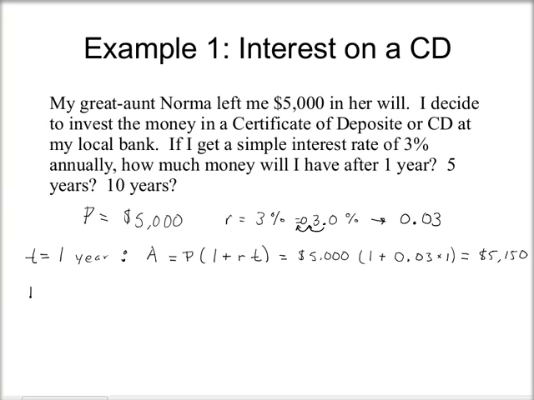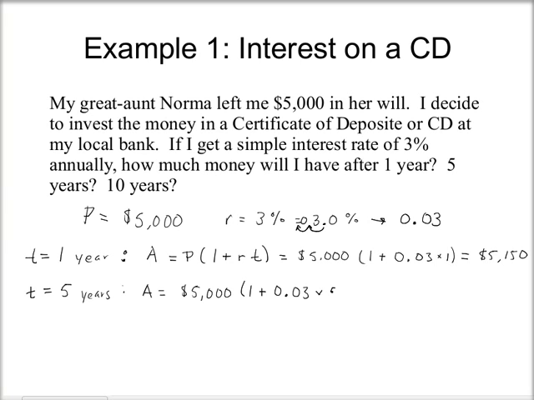What about after 5 years? So now t is going to be equal to 5 years, and for the amount of money, I'm going to use the same formula. My principal is still what I started out with initially, $5,000, times 1 plus the interest rate, which is the same, 3%, or 0.03.